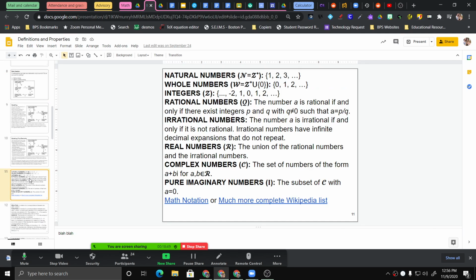Starting on page 11, you'll see there's a list of the kind of key sets that we're going to use in the class. Some of these will be pretty new to you, I imagine, complex numbers and pure imaginary numbers. We'll get to those later in this new unit.